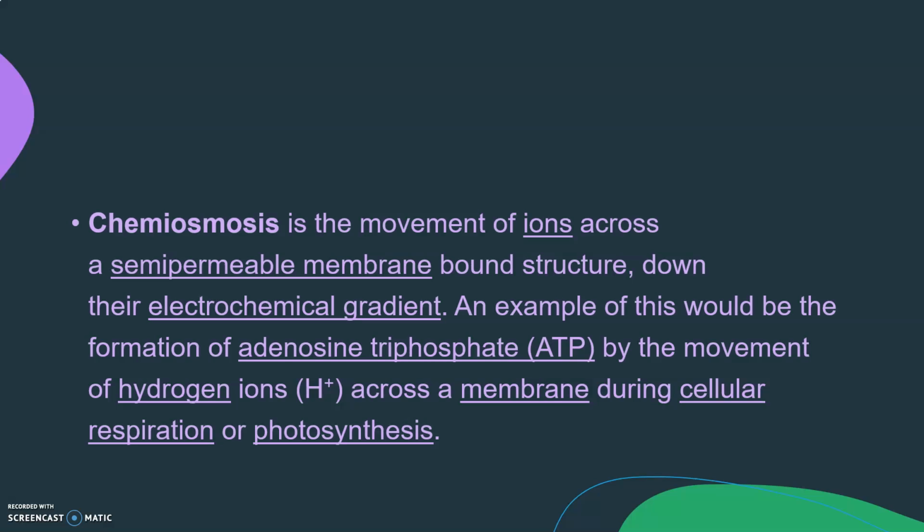An example of this would be the formation of ATP by the movement of hydrogen ions across the membrane during cellular respiration or photosynthesis. So the movement of hydrogen ions across the membrane during either cellular respiration such as the TCA cycle or photosynthesis, that mechanism is called chemiosmosis, the movement of ions across the semi-permeable membrane.